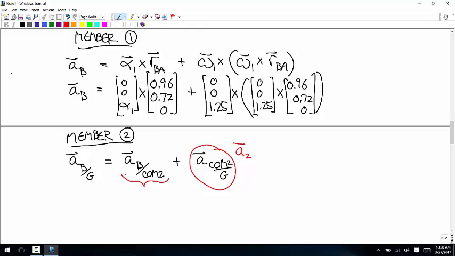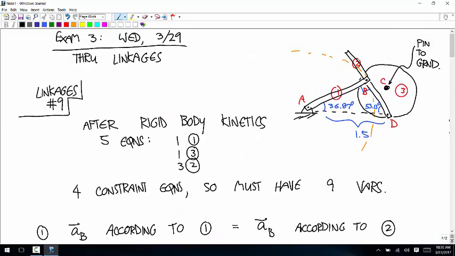Yes, that's right. So this goes away. And so the acceleration of B is just A2, because B is the center of mass of 2.